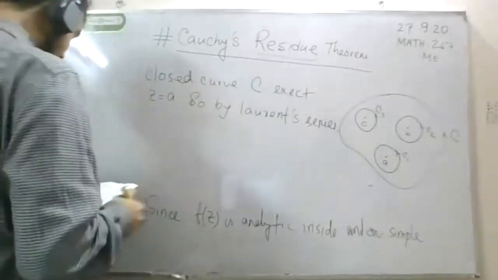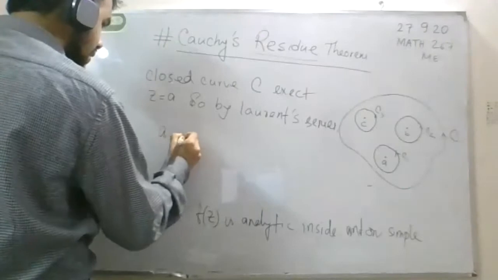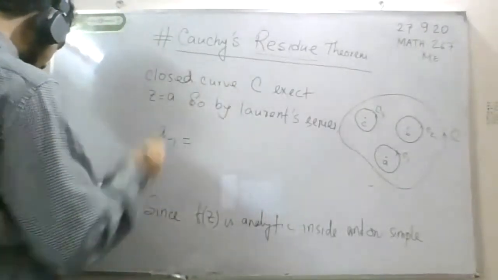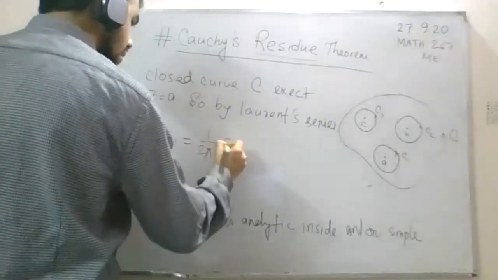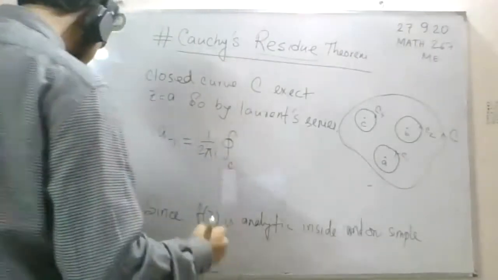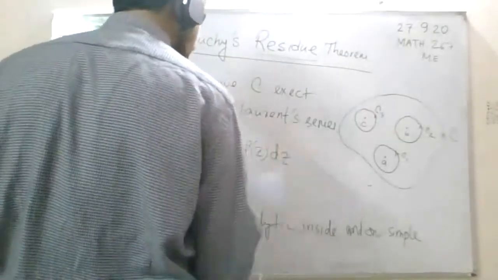Okay, that is what we use for the residue theorem: a subscript -1 equals what? We know that this means 1 by 2 pi i, the integral over C of f(z) dz.